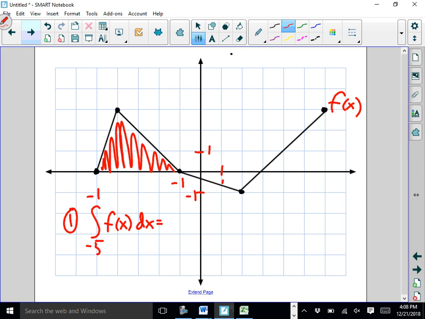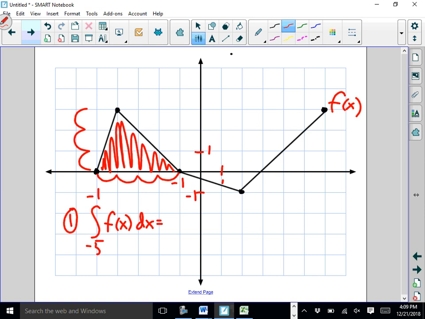It's a distance of 1, 2, 3, 4, and a height of 1, 2, 3. The area of a triangle is base times height divided by 2. So 4 times 3 is 12, divided by 2 is 6. The question is, is my answer positive 6 or negative 6? What do you think?